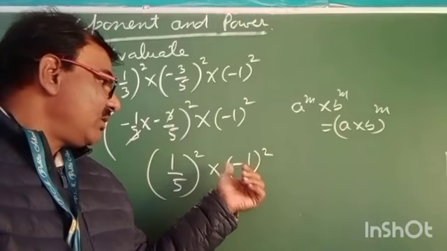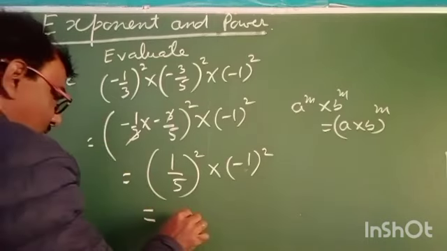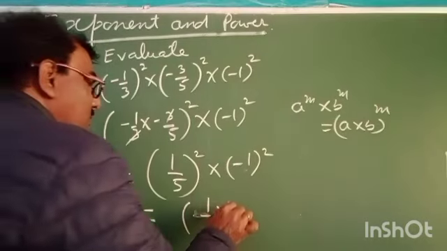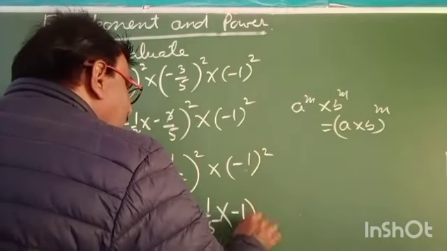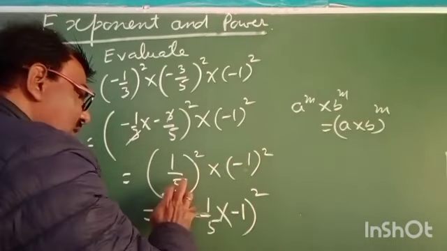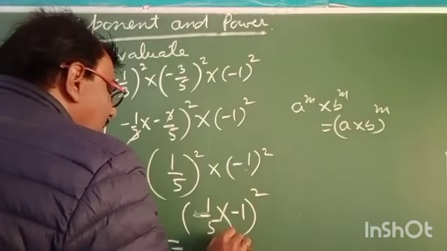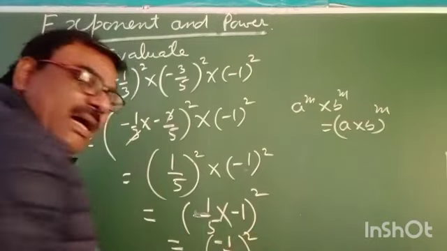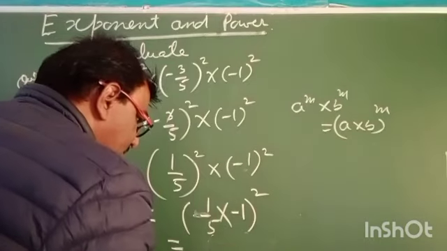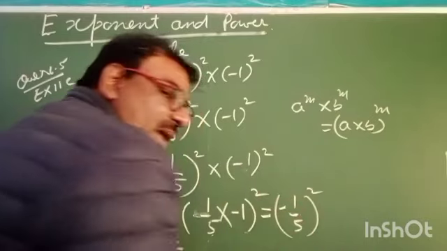We can write, according to this law, a to the power m multiply b to the power m equals (a multiply b) whole to the power m, so it will be equal to (minus 1 upon 5 multiply minus 1) whole square. So it will be equal to (minus 1 upon 5) whole square.